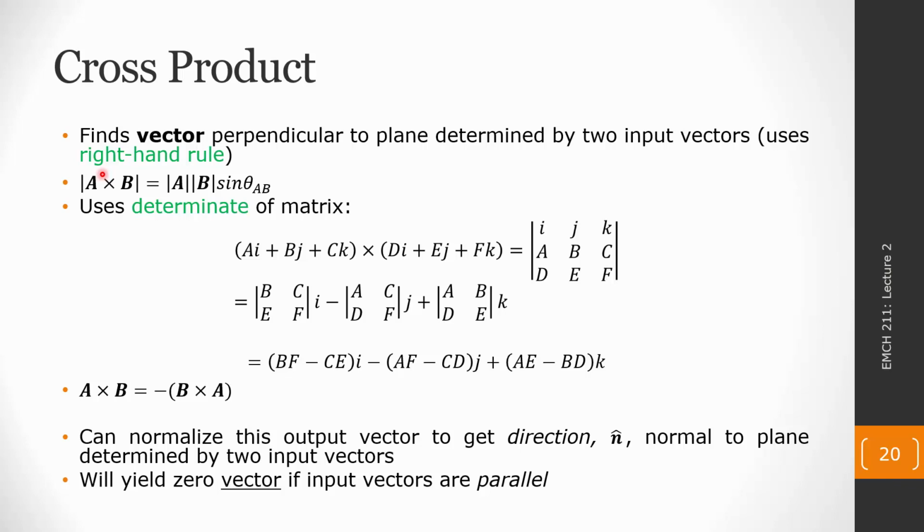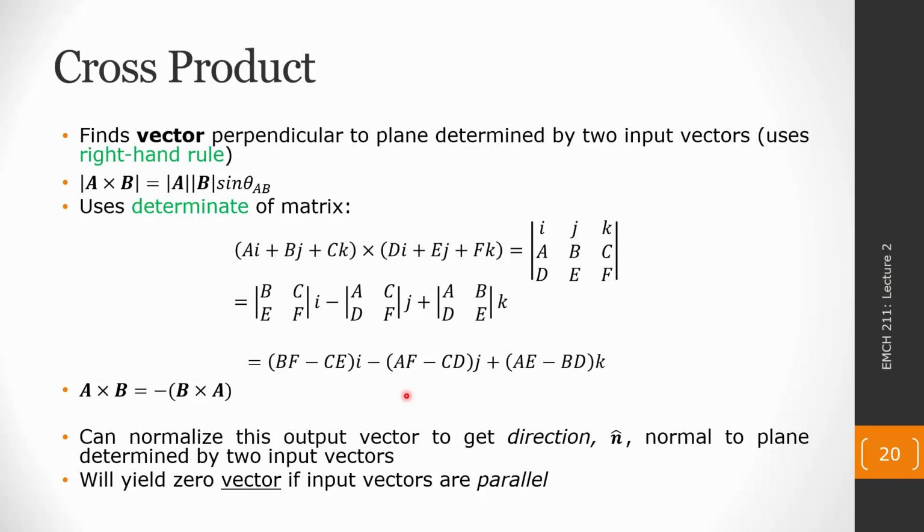So that's a vector normal to the plane determined by vector A and vector B. There'll be some problems that address this, where it's useful to find that normal vector n hat. It won't come up that often, but we want to be aware that's how we can find the normal direction to a plane, or a plane determined by two vectors.